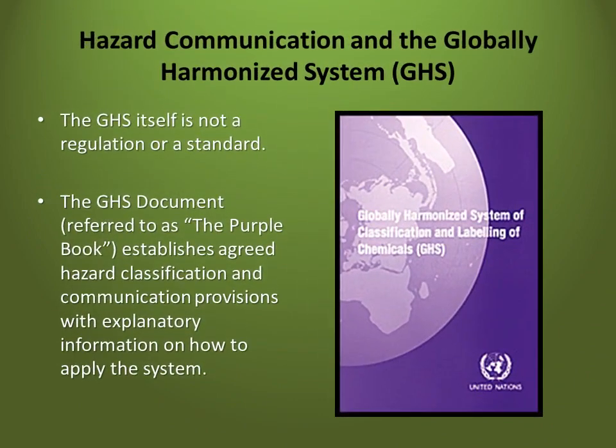The GHS itself is not a regulation or a standard. The GHS document, referred to as the Purple Book, establishes agreed hazard classification and communication provisions with explanatory information on how to apply the system.